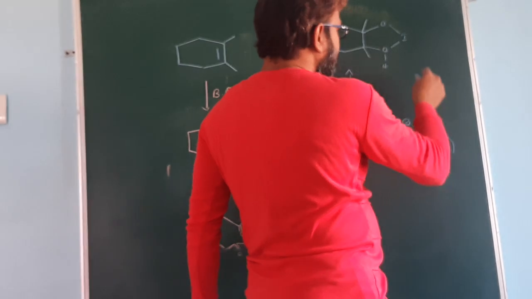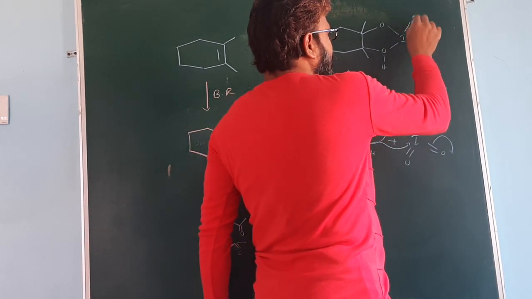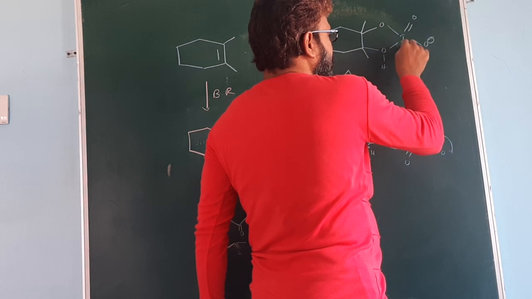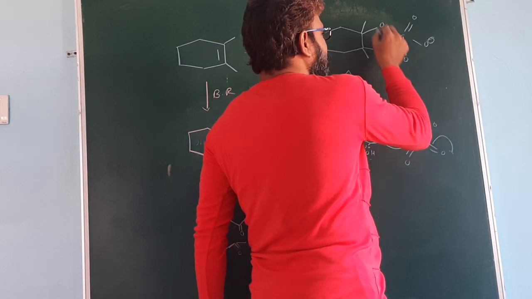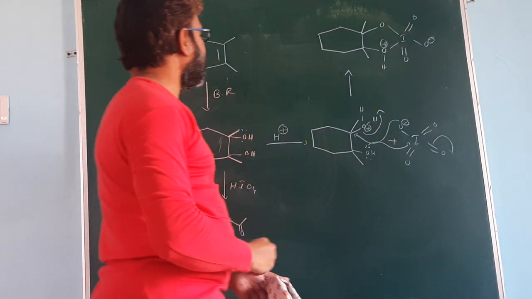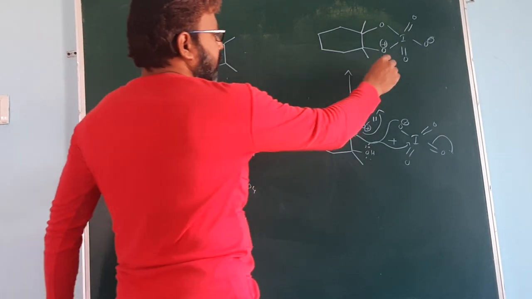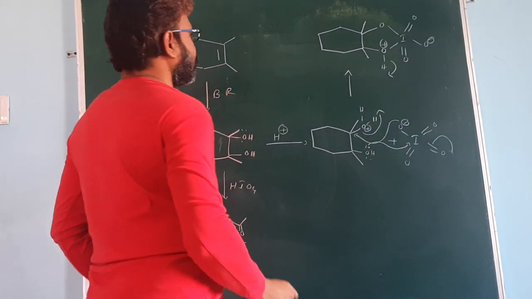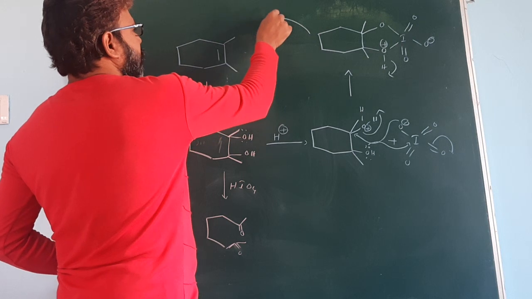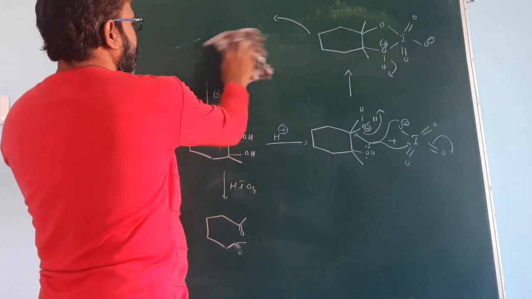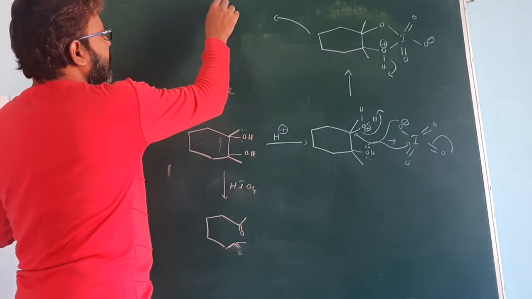So iodine, double bond O, O minus, double bond O, oxygen has positive charge, it is unstable, so loss of H plus ion.